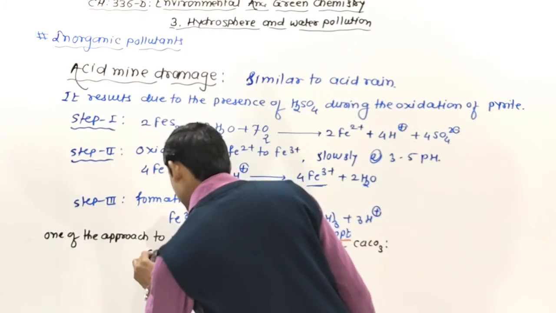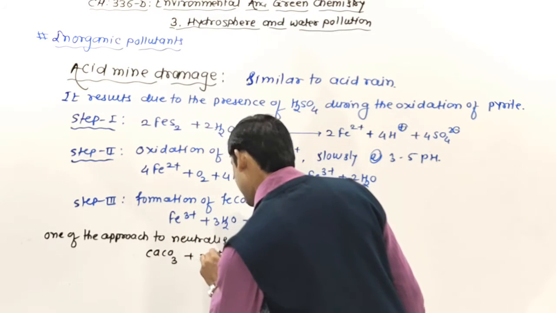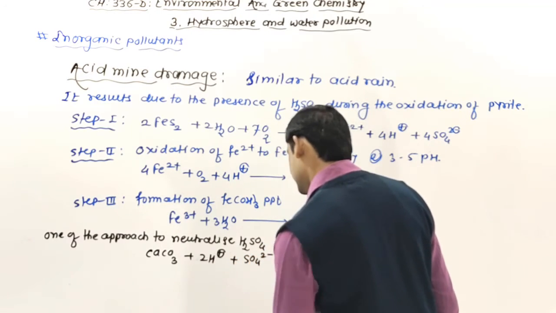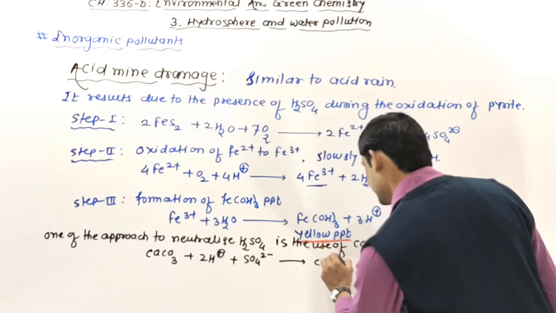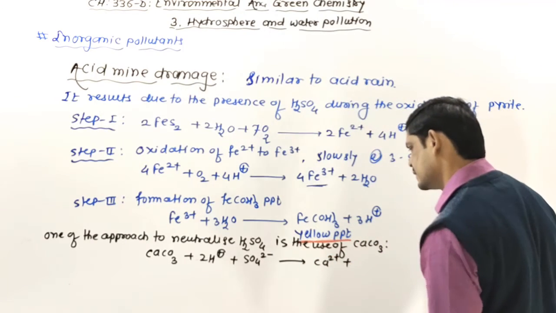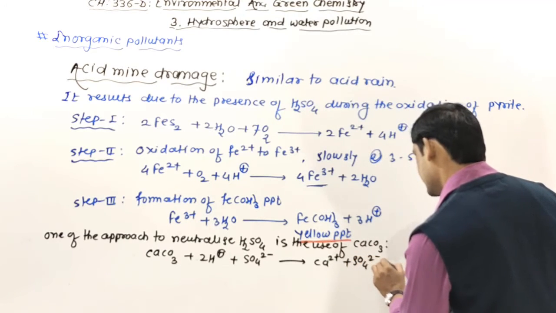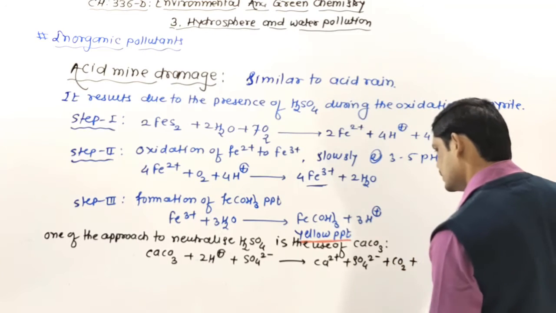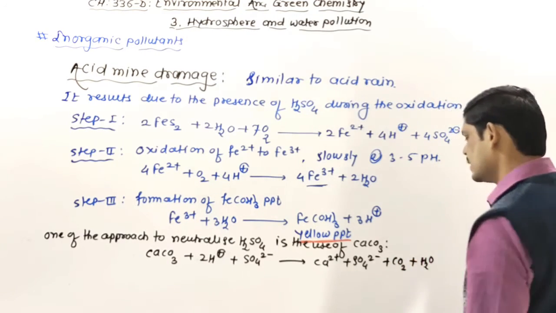The calcium carbonate reacts with sulfuric acid. It gives the corresponding Ca2+ ion plus sulfate ion plus CO2 plus H2O.